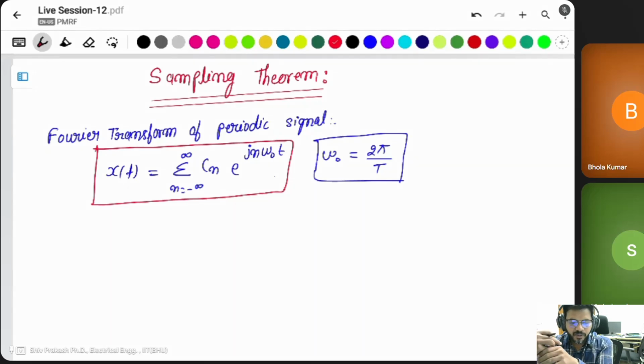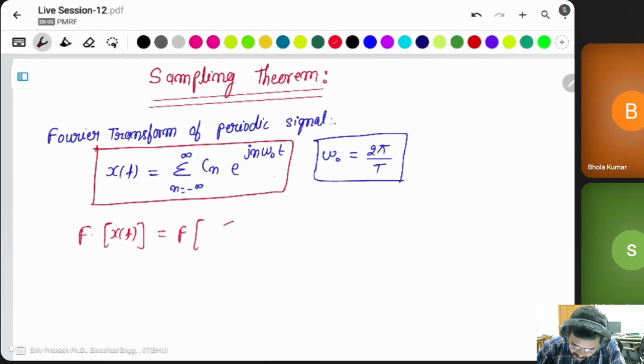Now, if you want to find the Fourier transform of that periodic signal, then how can you find it? Simply, Fourier transform of x(t) will be the Fourier transform of the same thing on the right side also, summation of n is equal to minus infinity to plus infinity Cn e to power of j n omega naught t.